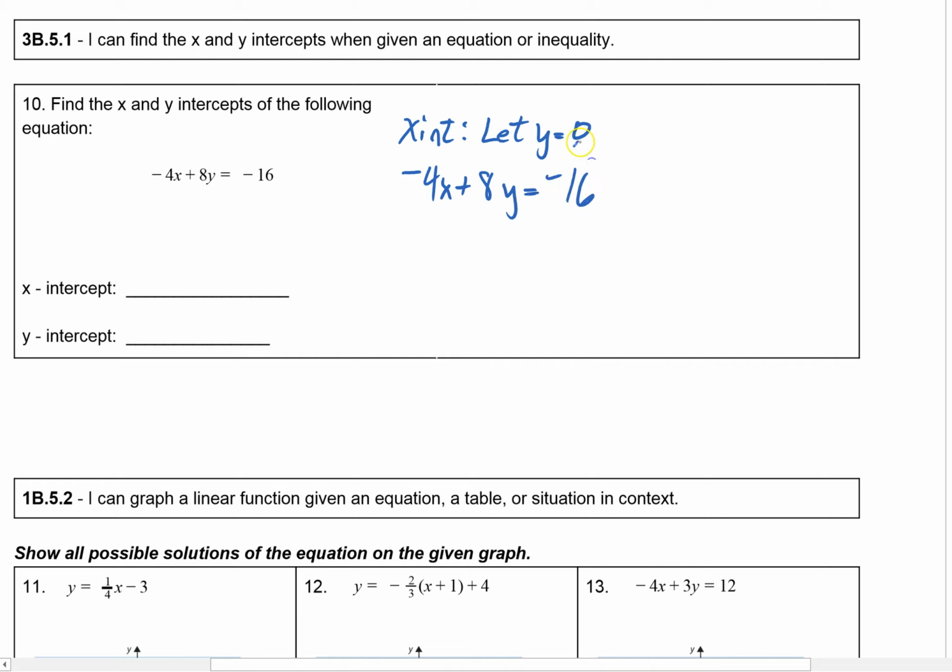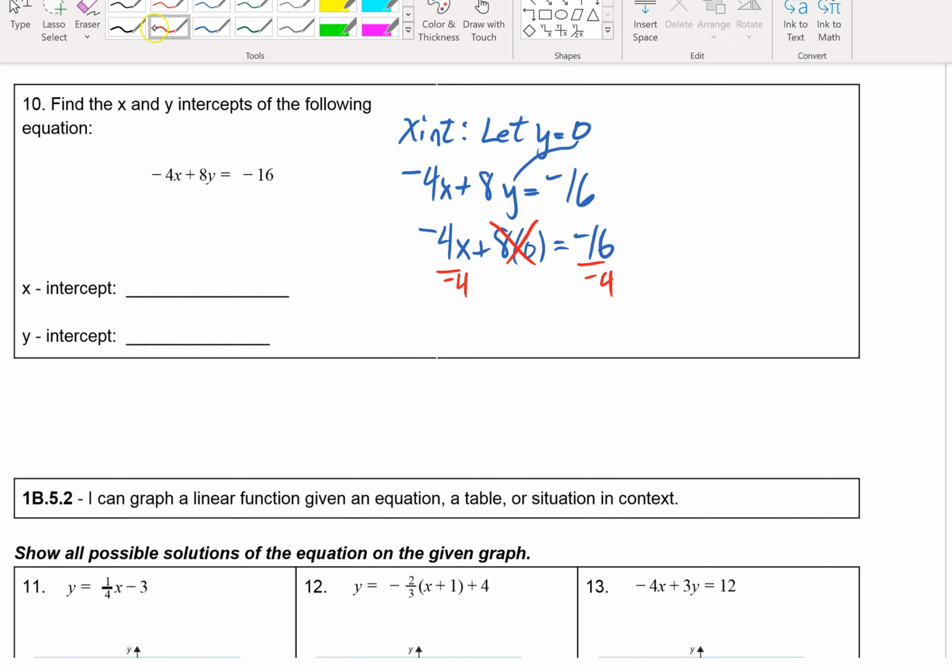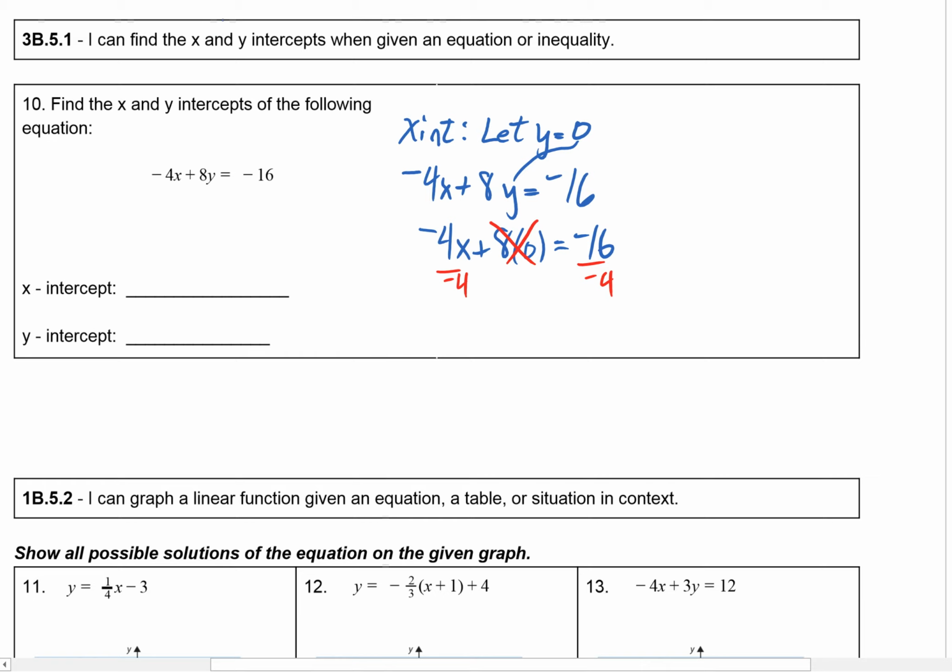And when you see that, this other variable is going to go away. This is also known as the cover-up method. You might remember we saw that on an earlier video, even before we had to go on quarantine. But here we'd have x is equal to, well, negative 16 divided by negative 4 is a 4.